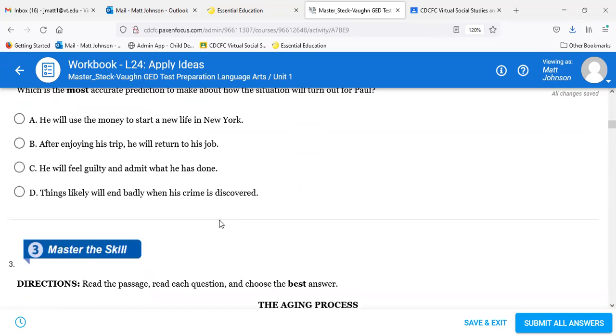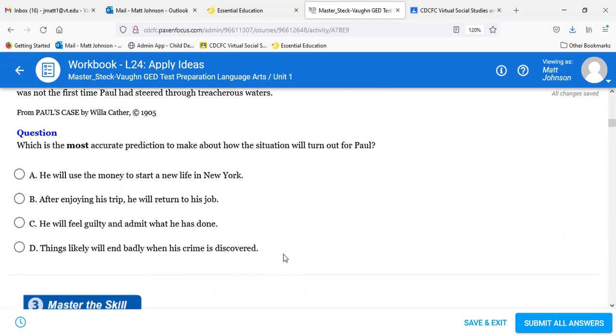Two, the same passage. Grace, you want to read question two? Which is the most accurate prediction to make about how the situation will turn out for Paul?